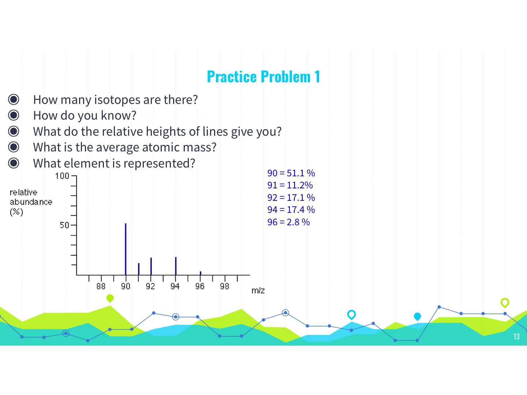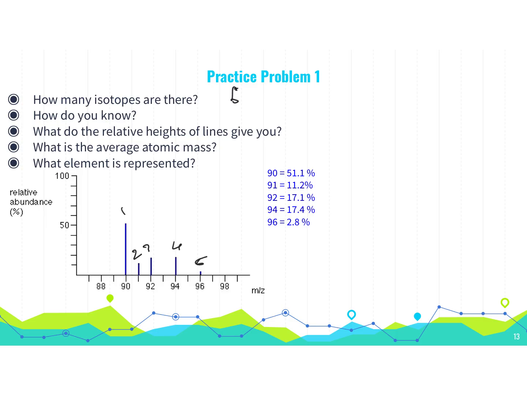Now, finally, I did want to take a little bit of time to look at this practice problem, looking at this sample mass spectrum. So let's take the time to answer a few of these questions. First, how many isotopes are there? Well, if we count every single one of these peaks, we can see there's 1, 2, 3, 4, and this tiny little peak at 96 is our fifth peak. So we should have 5 isotopes in this mass spectrum. How do we know?